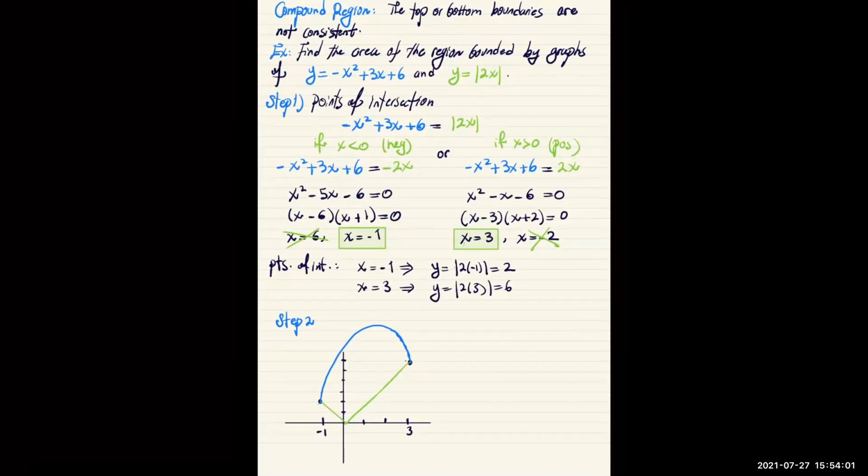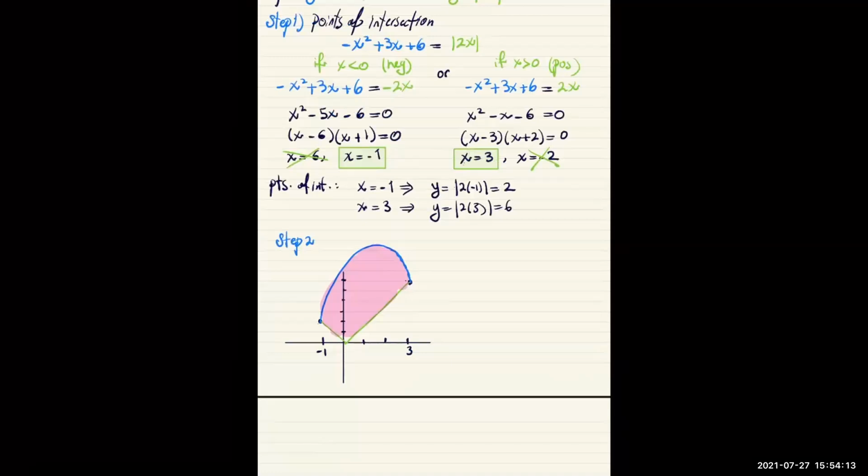Okay, so our region is this. And the easy part, again, is the calculus part. But this region is a compound region, okay? I take it back, I said easy, because I forgot that this region is compound.